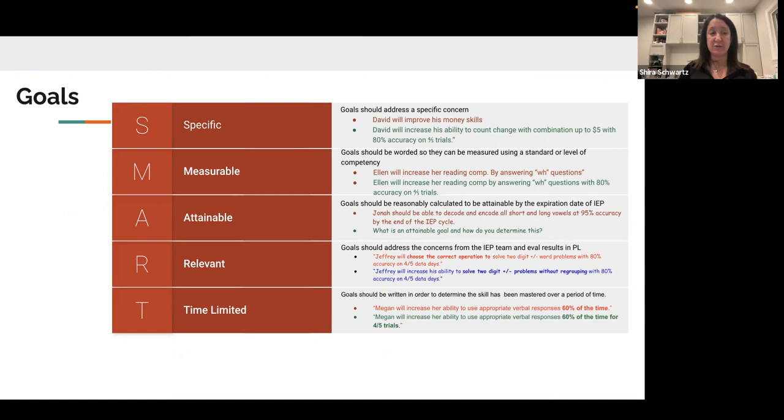When he graduated last year, he is a freshman in college now, his comprehension was super high, but he still isn't a reader. And that's his profile. That's not every kid's profile.